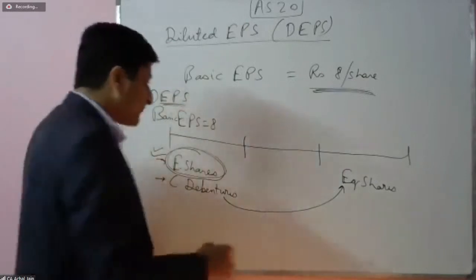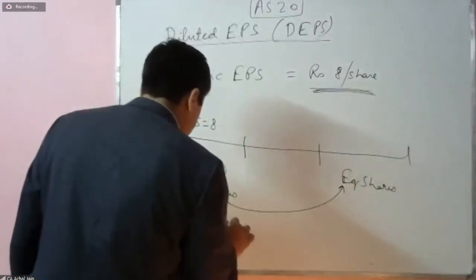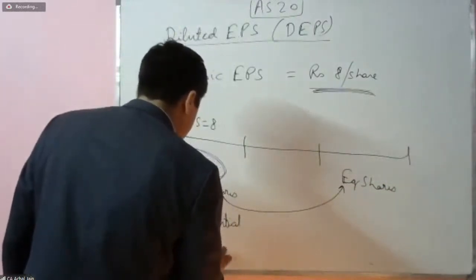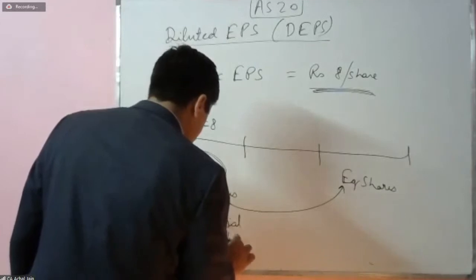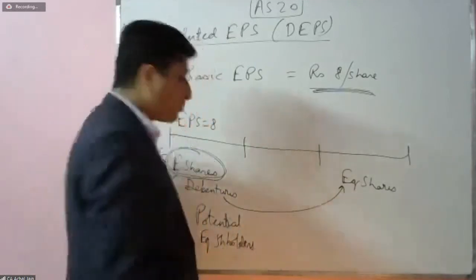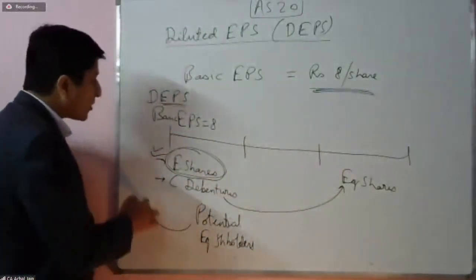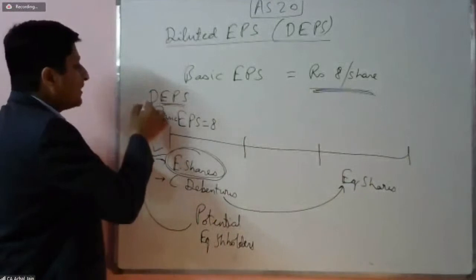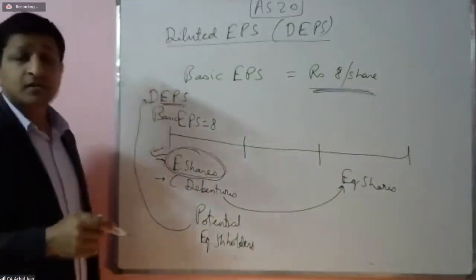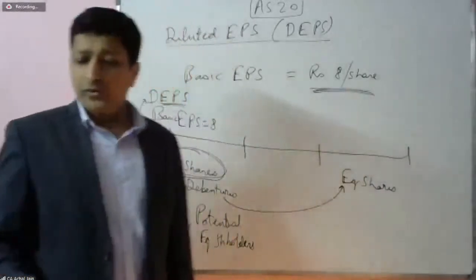So today itself, these potential equity shareholders should be treated as equity shareholders, and accordingly the EPS should be computed.